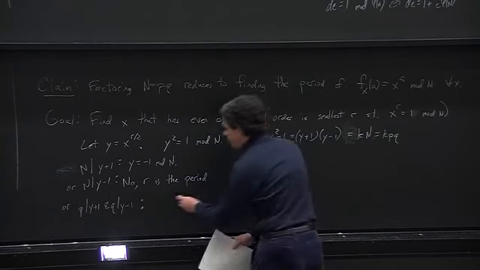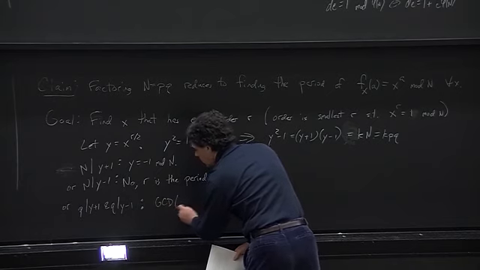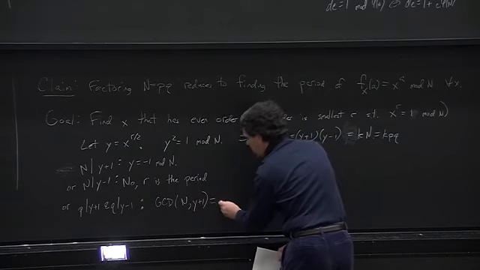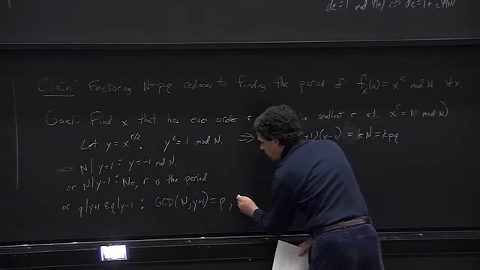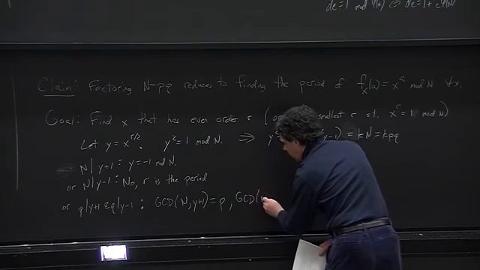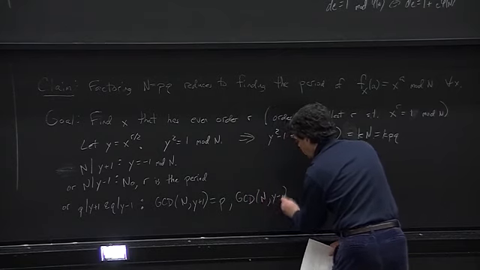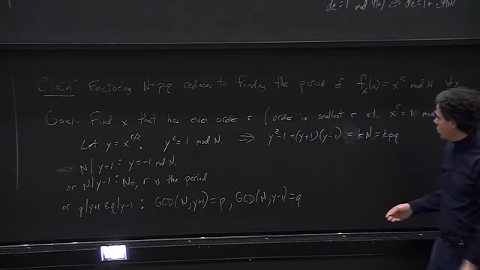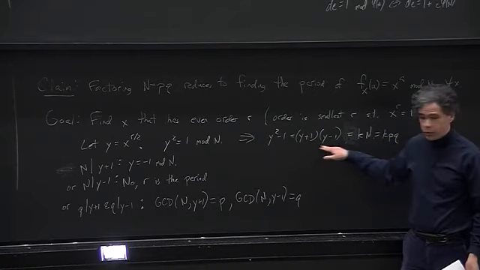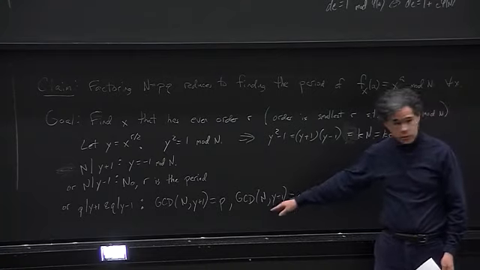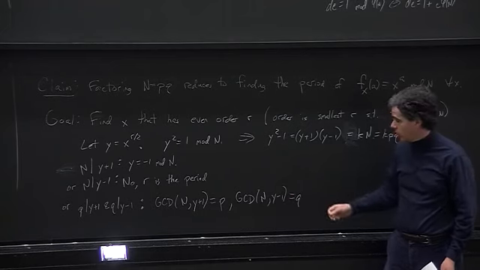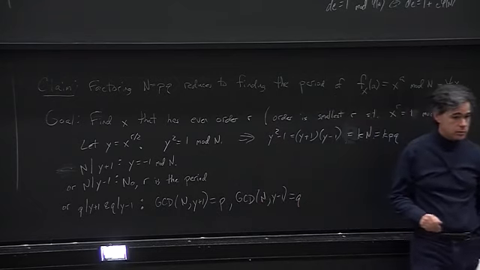So what's the GCD of n and y plus 1? Well, it's p. And the GCD of n and y minus 1 is q. We know y plus 1, we know y minus 1, and we know n. And so again, using Euclid's algorithm, you can find p and q.